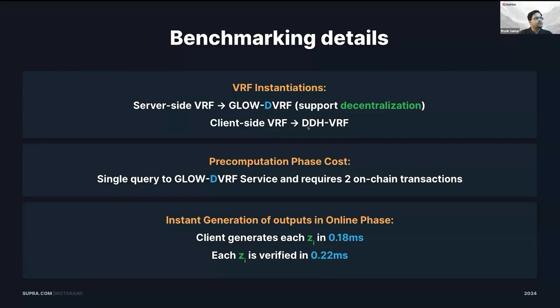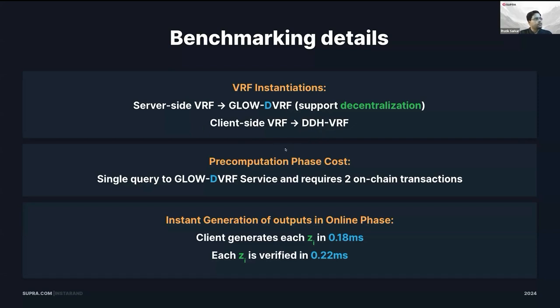On the client side, we use the DDH VRF by Goldberg et al., which is the one used by Chainlink. This gives us very good efficiency because it will scale in the online phase, so we want this client-side VRF to be very fast. Whereas Glow DVRF can be slow, it relies on pairing, but it is only one time.